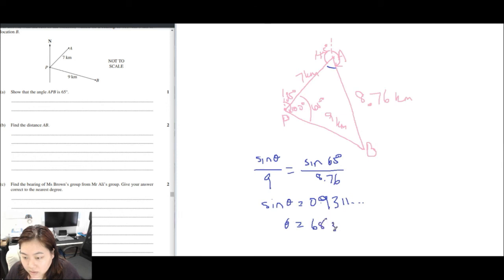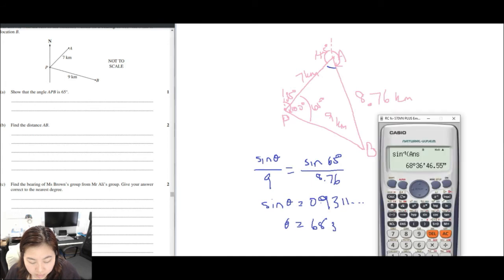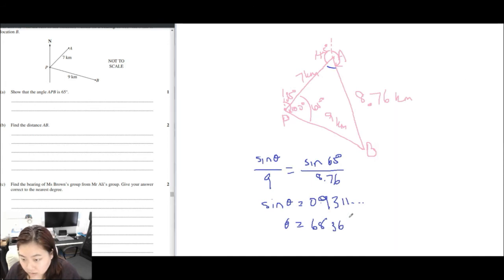Oh gosh, my brain right now. To the nearest degree, that's 69 degrees.